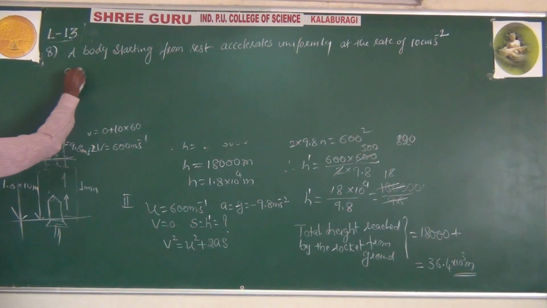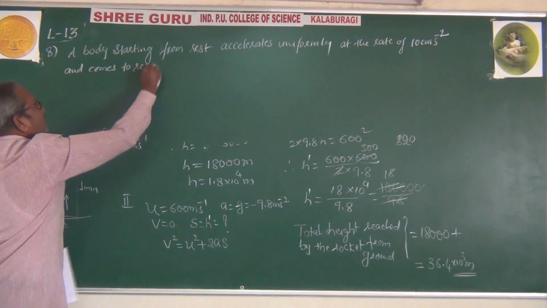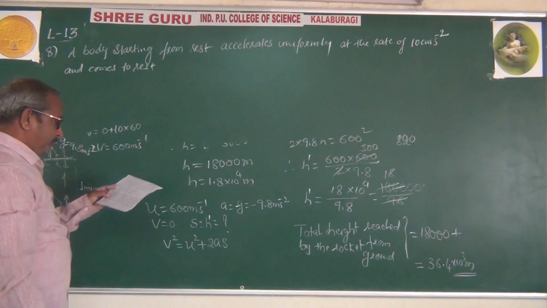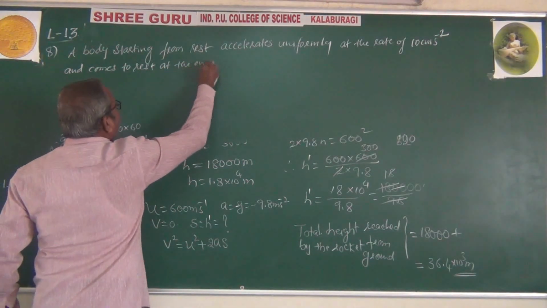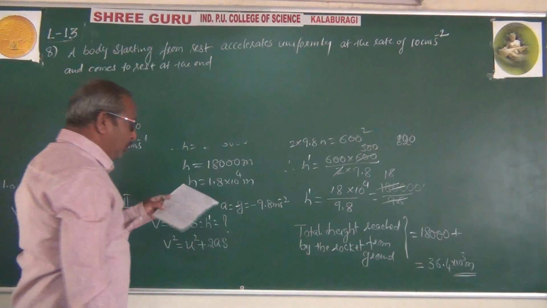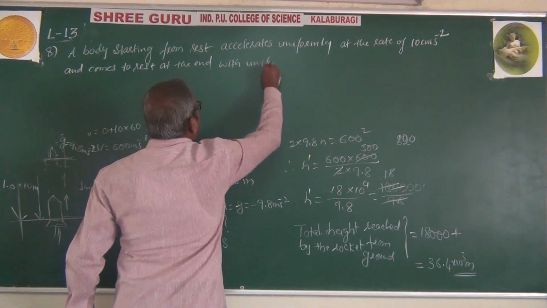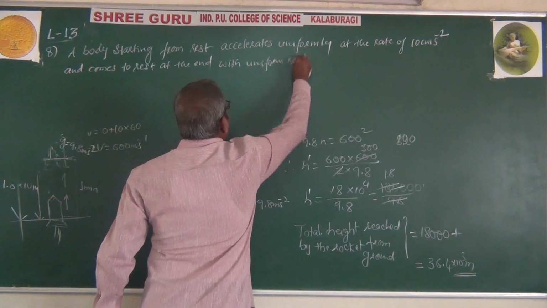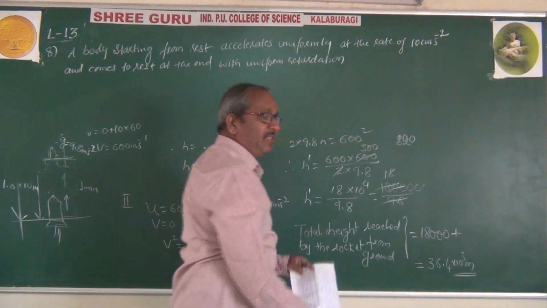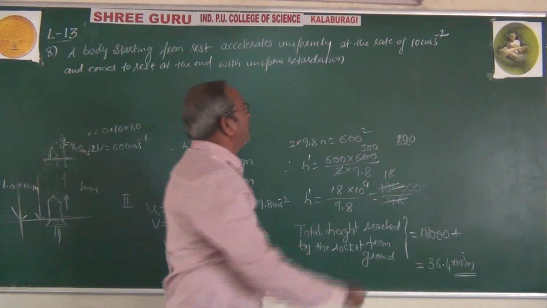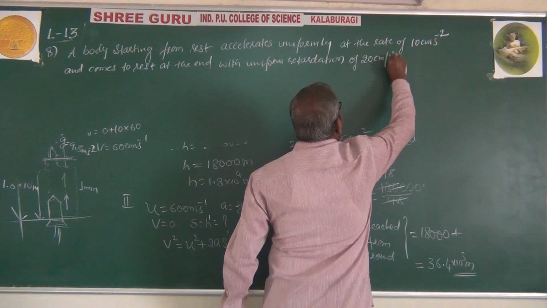at the end with uniform retardation. Uniform retardation means negative acceleration. Retardation of 20 centimeter per second square.